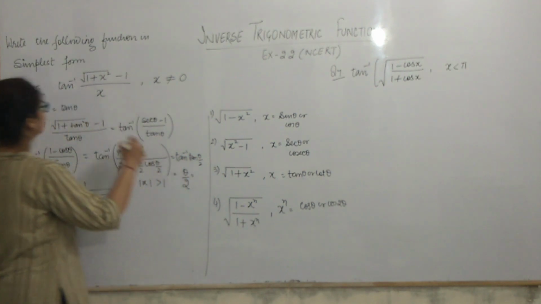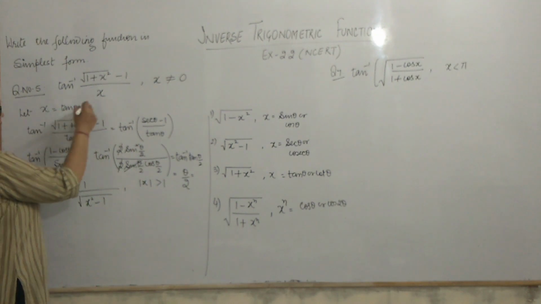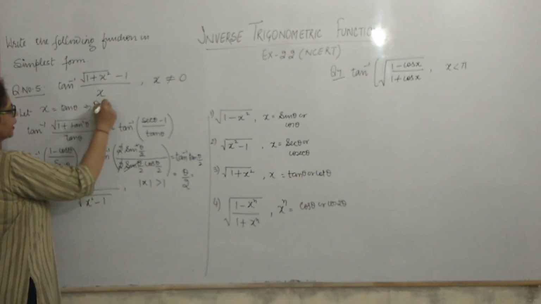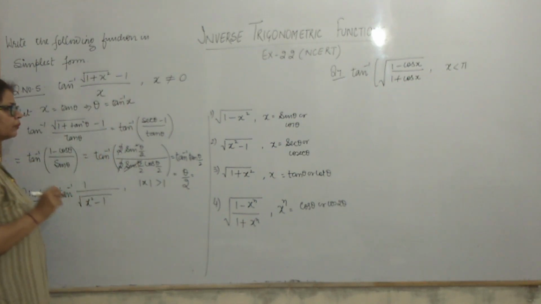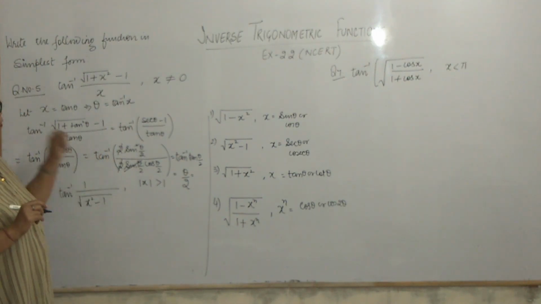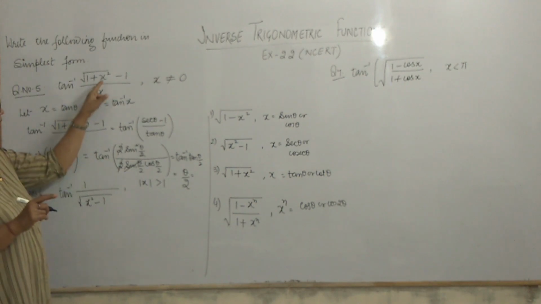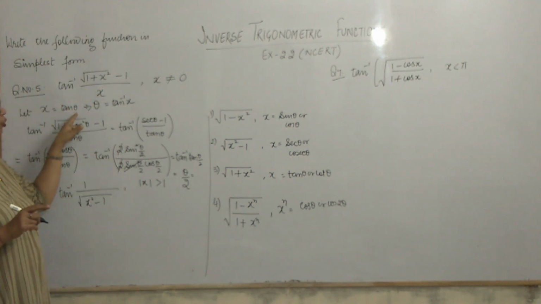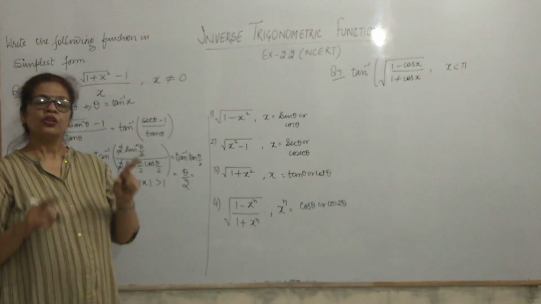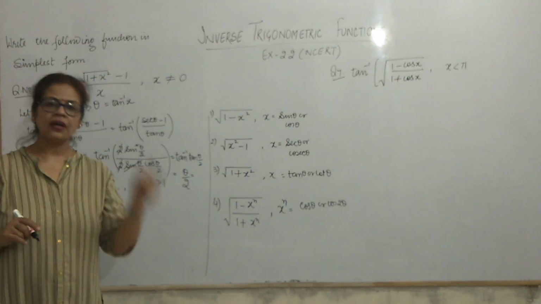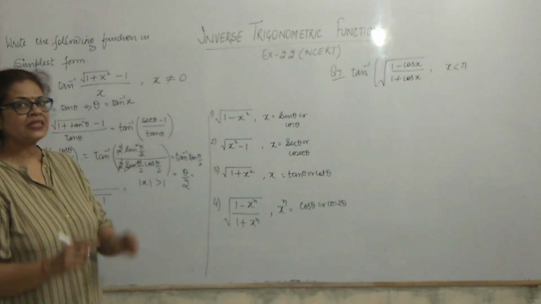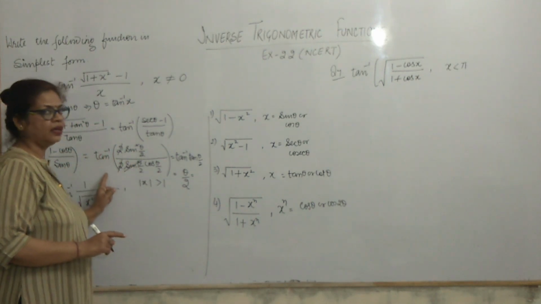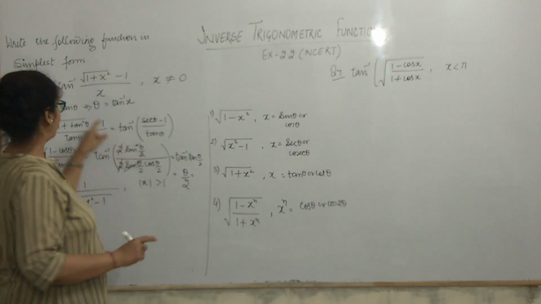And you know, if x is equal to tan theta, then theta is equal to tan inverse x. Look, you assumed your given x in terms of a new variable theta. So at the end of the question or answer, you must eliminate the variable which you have assumed.